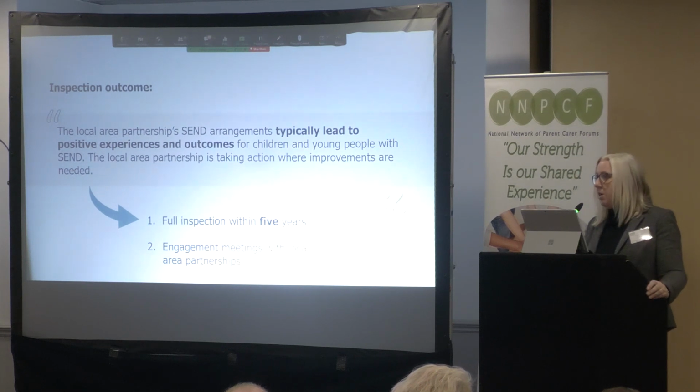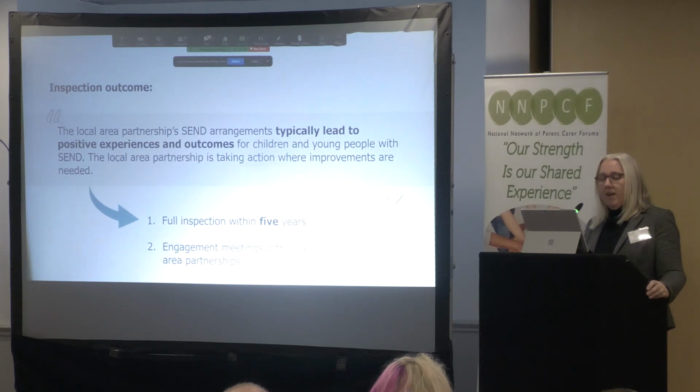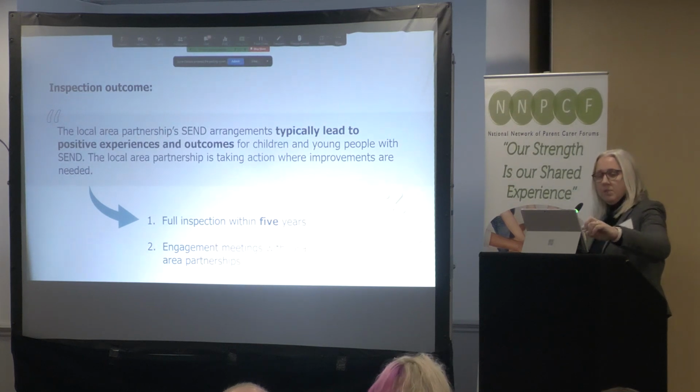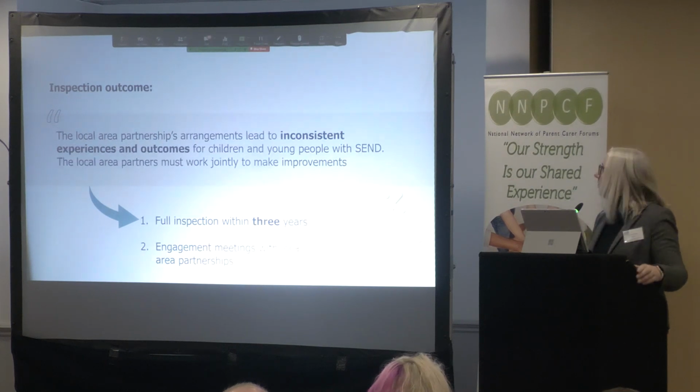Where a local area partnership is judged with this first outcome, they can expect a full inspection within 5 years, but they can expect to meet with Ofsted and CQC leaders regionally for those conversations regularly to look at their action plans and what they're doing to continue to make those improvements.